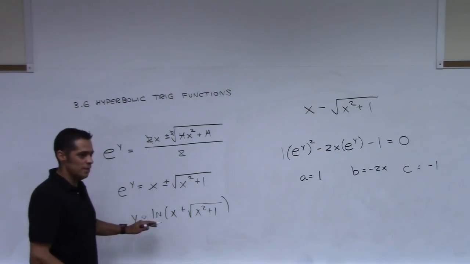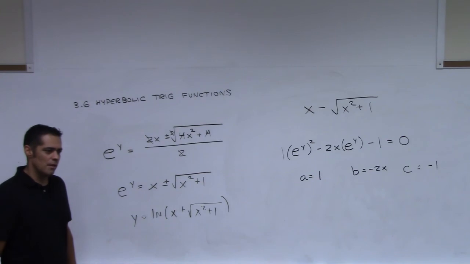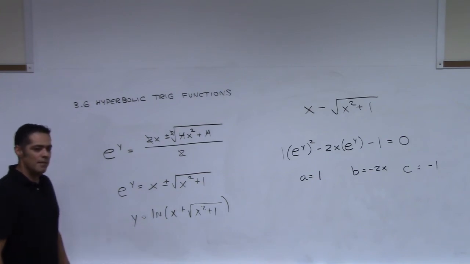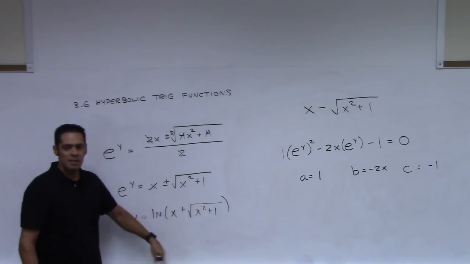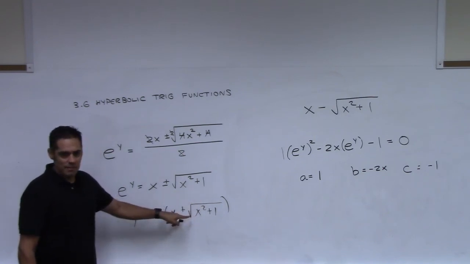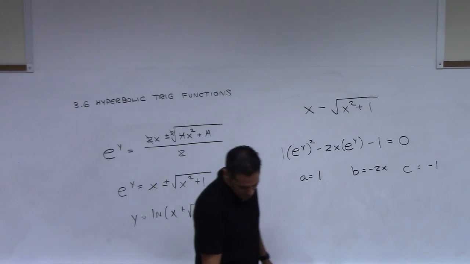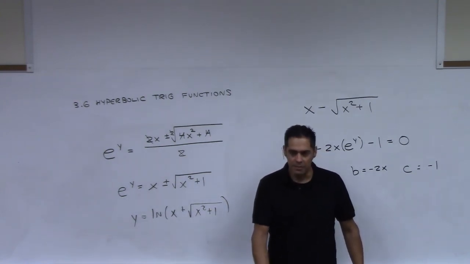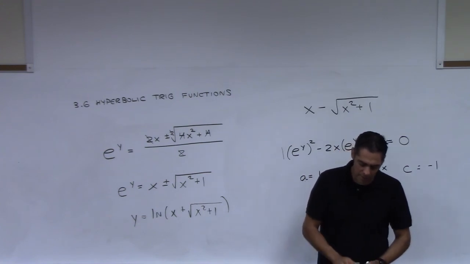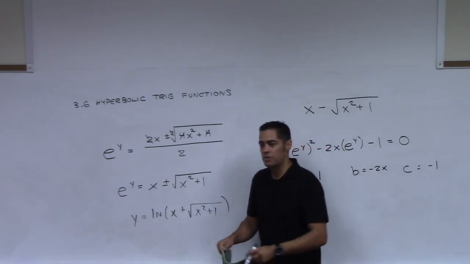That's the definition of it, okay? Now, what's its derivative? You take the derivative of that, it would be the derivative of natural log of something, so 1 over this times the derivative of what's inside. And that is sitting there on page 188. They have the derivatives of all the inverse hyperbolic trig functions.